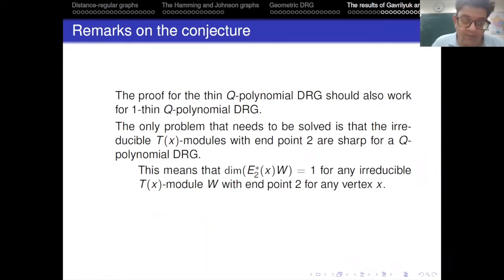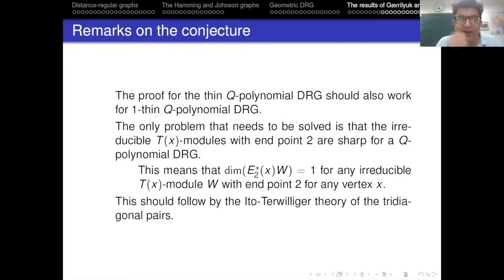If I understand Professor Ito correctly, then this should follow by the Ito-Terwilliger theory of tridiagonal pairs. So tomorrow I will start with a proof of the characterization of J_2(D,D), but it's here where I stop for today.